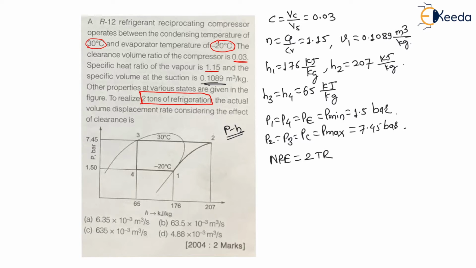My dear students, they are asking what is the actual volume displacement rate, that means the swept volume displacement rate. Rate is always in meter cube per second. It is nothing but by what amount of volume the piston is displacing inside the cylinder. That means it is the swept volume displacement rate, in meter cube per second, that we have to find here. And options are given.